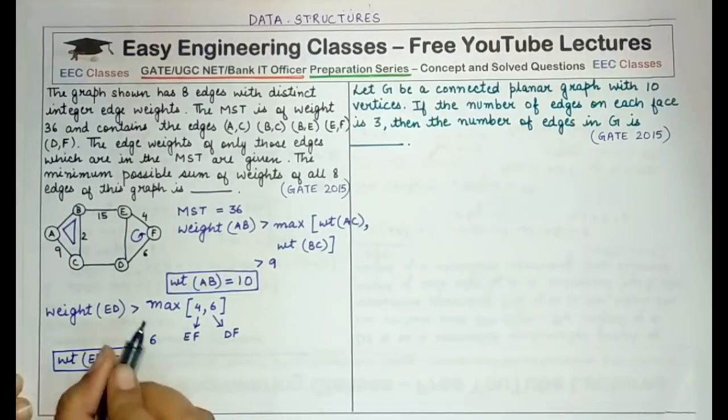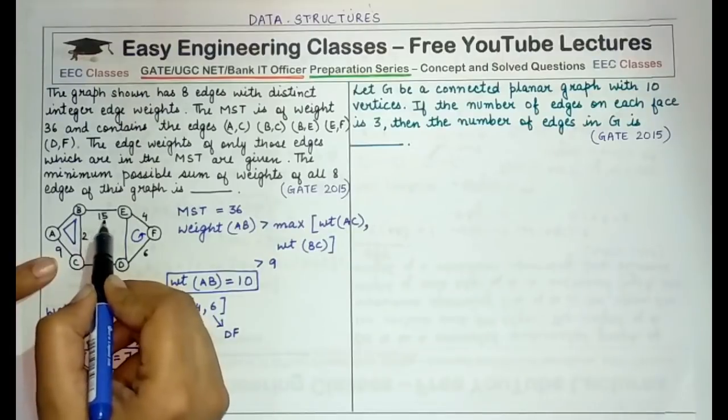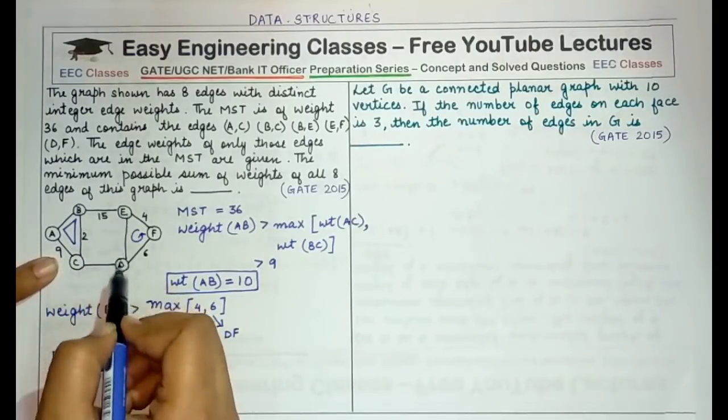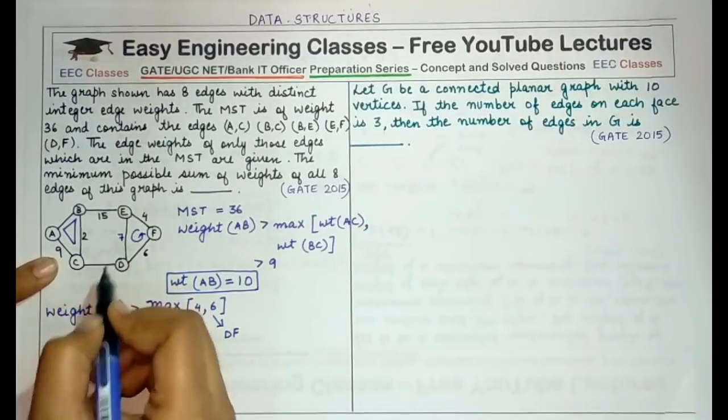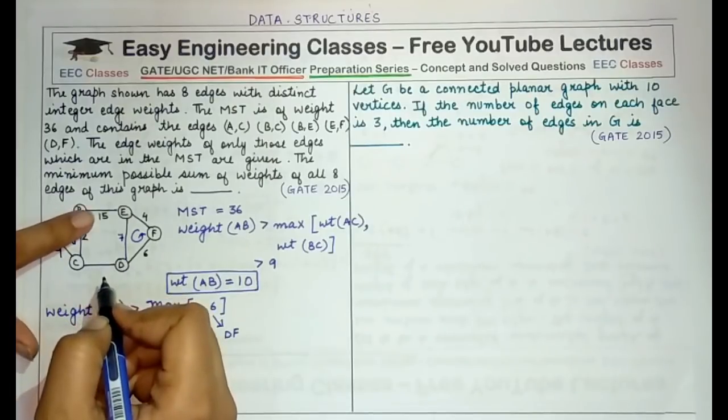And on similar grounds, if we have said that this is 15, this is 2, and this is the edge ED, we have assumed it to be 7, then CD would have been greater than 15.